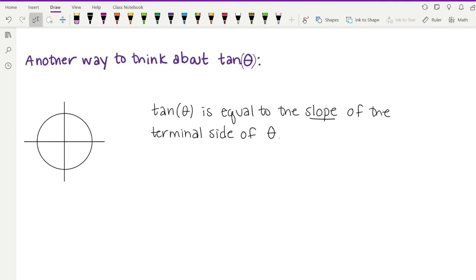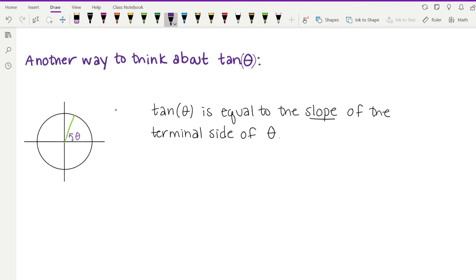So why is that the case? We saw a few examples that demonstrated why that was the case, but I really want to convince you that it always works. So I'm just going to draw some random angle theta here. Let's say that this is our terminal side. Sorry, I'm struggling to draw this nicely. There we go. So let's say this is our terminal side, and we have some angle theta here.